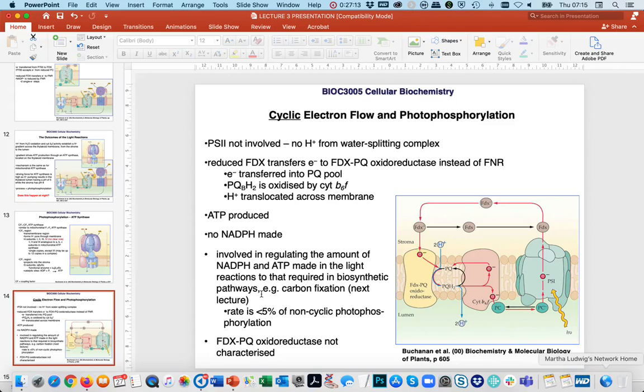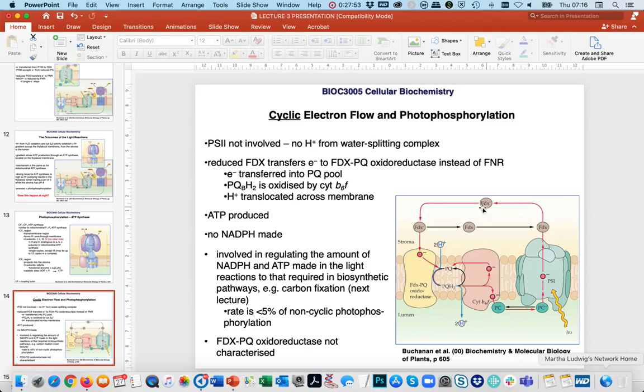In cyclic electron flow, as shown in the diagram, photosystem 2 is not involved, which means there's no water splitting happening, and that also means that protons don't build up to the same extent in this pathway as they do in linear electron flow. In this pathway, electrons going through photosystem 1 get to ferredoxin, as in the linear pathway that we've already talked about, but from ferredoxin, they do not reduce FNR.